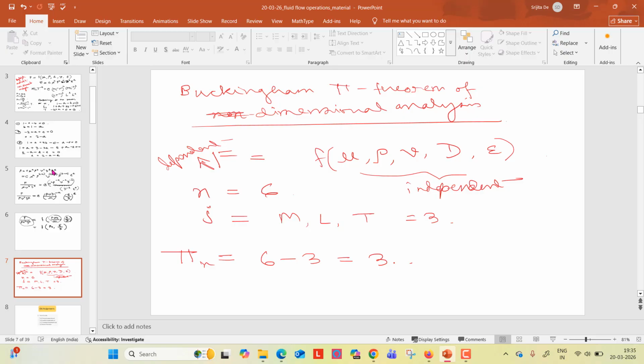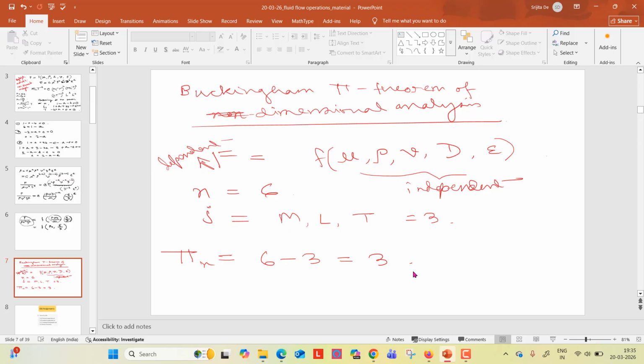If the total number of parameters is 3 and J is also 3, so that means 3 minus 3 equals to 0, which means your system should not have any non-dimensional number, but that is not true, right? It cannot happen. So at that time we have to take J as 2. So we can take 3 minus 1 equals to 2 parameters depending on the system. So this is the number.